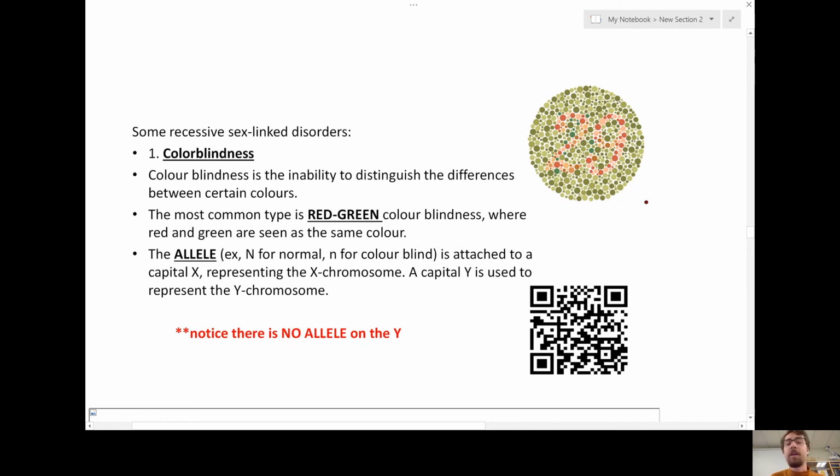So we've got a picture here of some dots. It's a common color blindness test. If you are colorblind, all of those dots would look to be the same. If you are not colorblind, you would see a number inside of those dots.